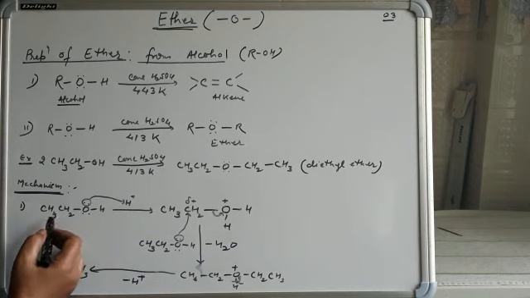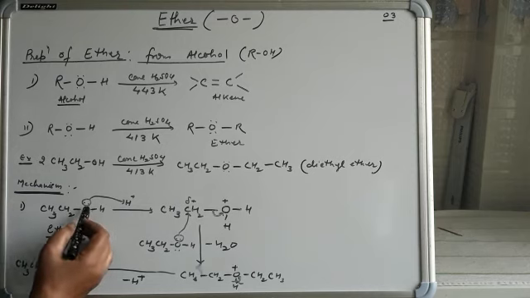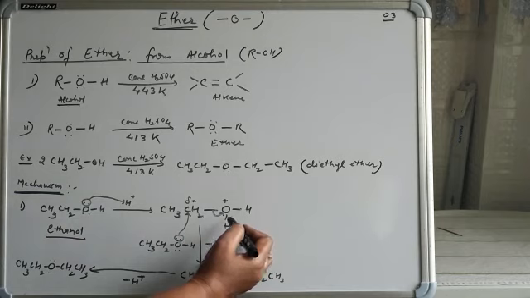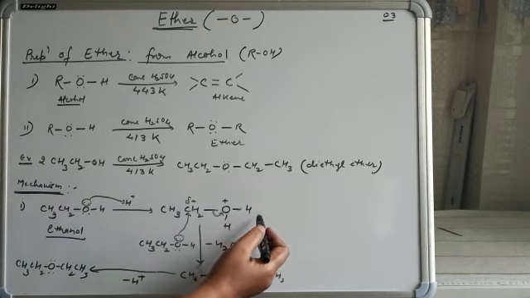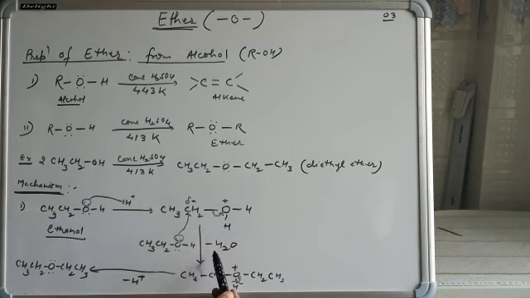Once again, ethanol takes a proton from the acid and gets converted into protonated form, and here oxygen, by taking the proton, gets a positive charge, so it pulls the electron towards itself and is removed in the form of H2O.